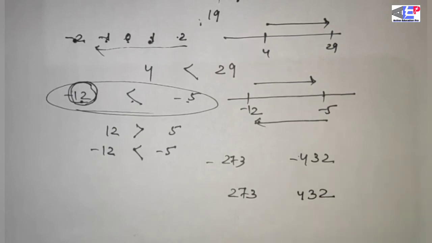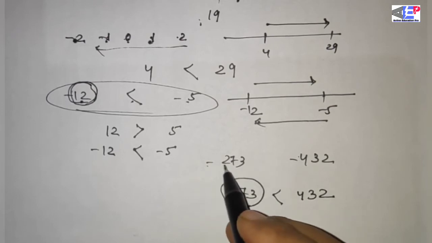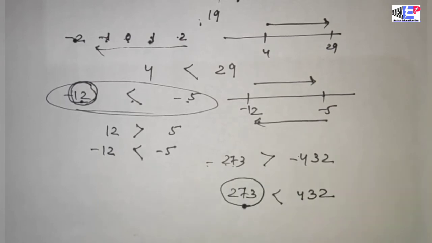And as per the positive integers rule, 432 is greater than 273. So this is the smaller numerical value, 273. So in the case of negative integers, minus 273 is greater than minus 432.